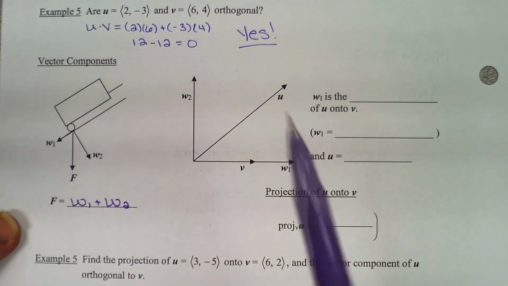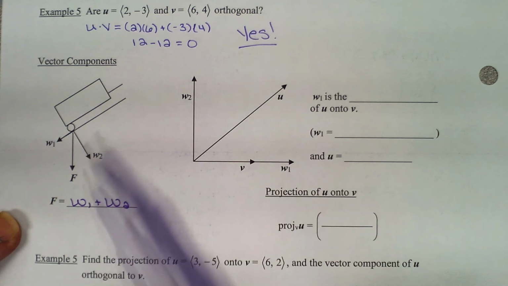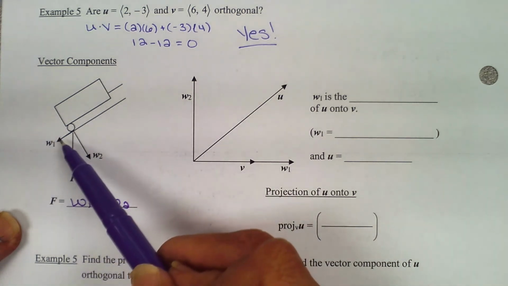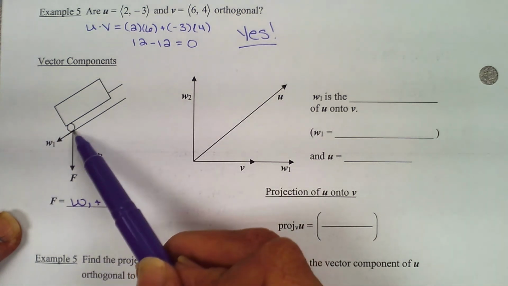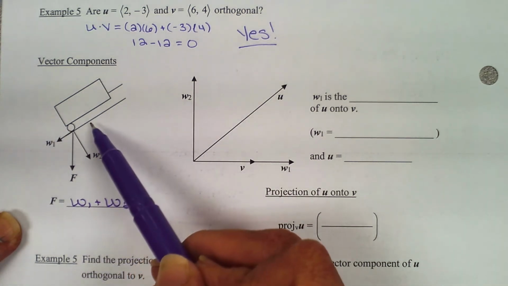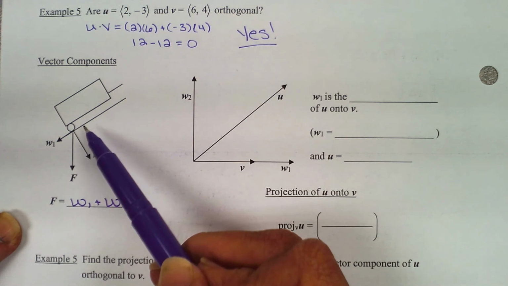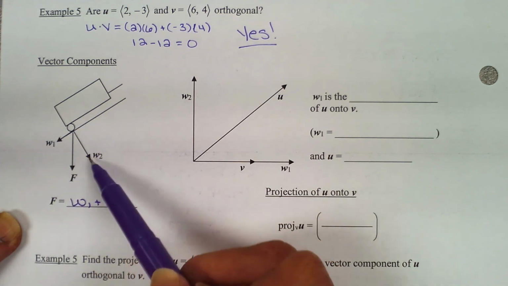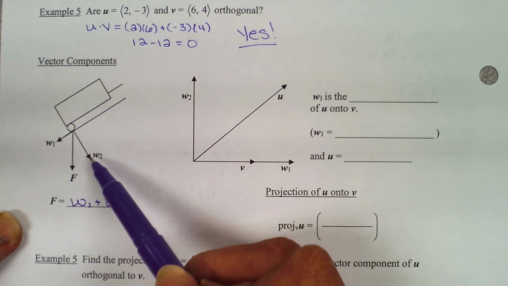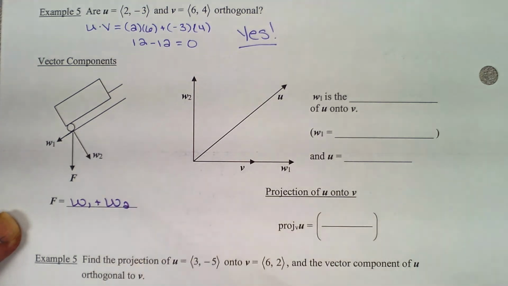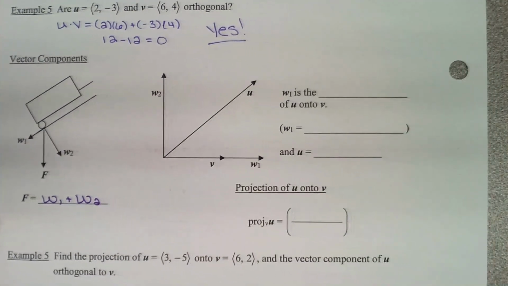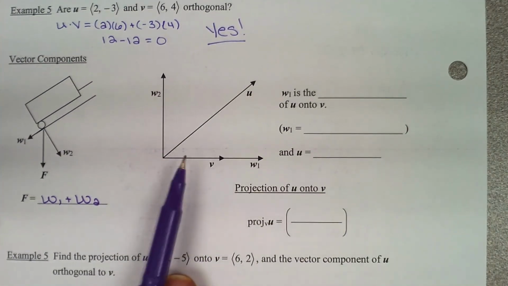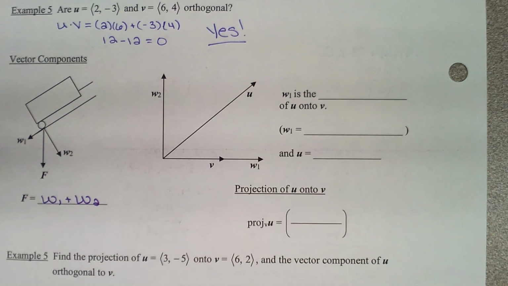So what we could think of then is that the negative component of this W1, so going up this direction here, that represents the force that you would need to keep the boat from rolling down the ramp. And the W2 force represents the force that the tires must withstand against the ramp. Now, we're not going to be doing so much force component stuff like that. We're actually going to do more problems a bit more like this second part over here.